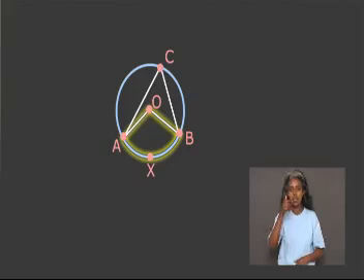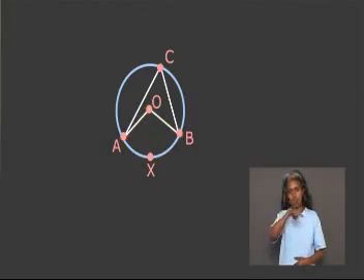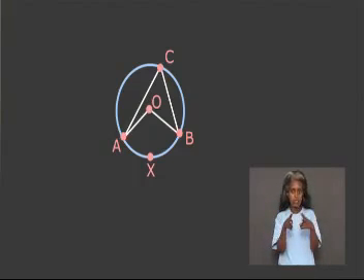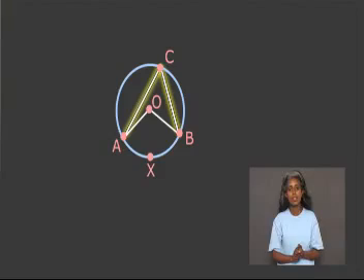An inscribed angle in a circle is an angle whose vertex is on the circle and whose sides are chords of the circle. Using the same circle as before, we can see that angle ACB is the inscribed angle.